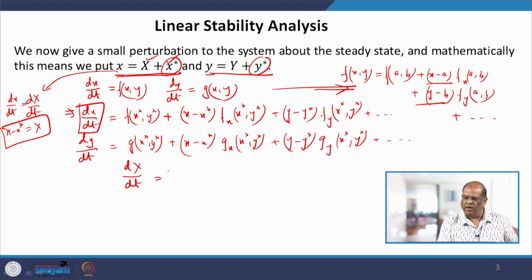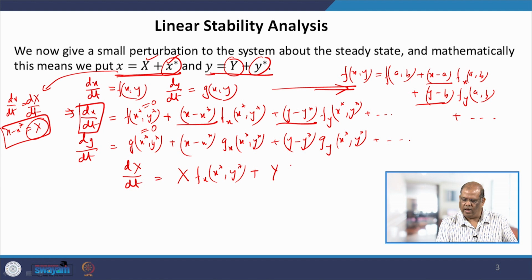Because (x*, y*) is an equilibrium point, f(x*, y*) and g(x*, y*) will be equal to 0, as stated earlier. So, we are left with x minus x*, which is capital X, into f_x(x*, y*) plus y minus y*, which is capital Y, times f_y(x*, y*).